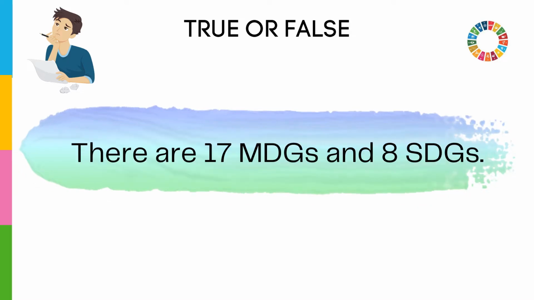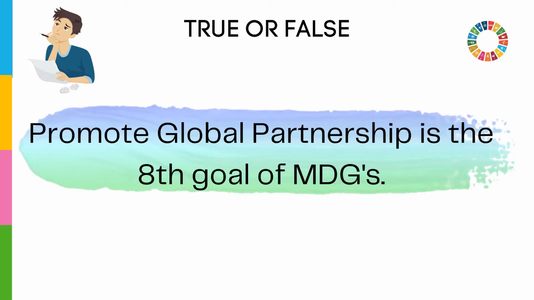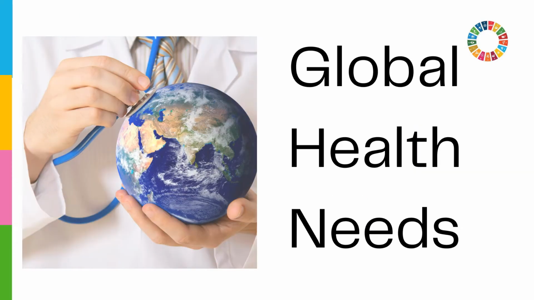There are 17 Millennium Development Goals and 8 Sustainable Development Goals. True or false? And for the last statement, promote global partnership is the 8th goal of the Millennium Development Goals. True or false?